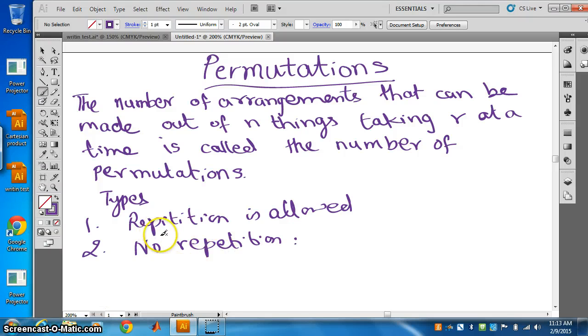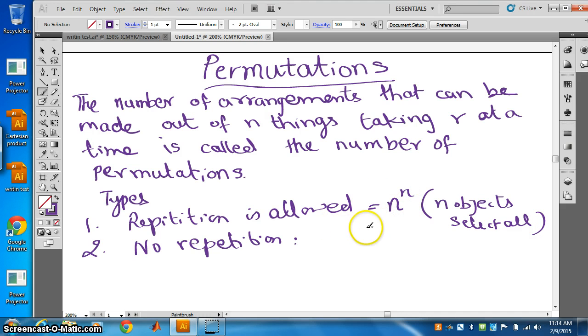The formula when the repetition is allowed: suppose there are n objects and we have to select all n, then the number of permutations will be n to the power n. N objects, and you are selecting all objects, n to the power n.